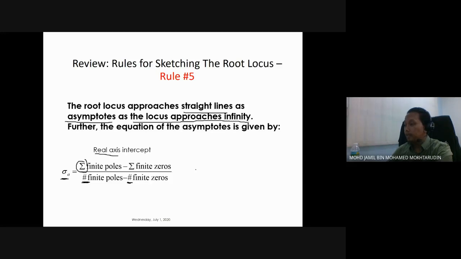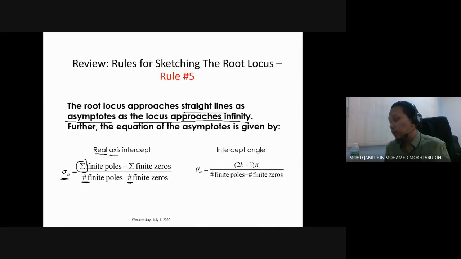And then the second formula is the intercept angle, which is the angle of the asymptotes. To calculate the angle, theta A equals (2k plus 1) pi divided by the number of poles minus the number of zeros.